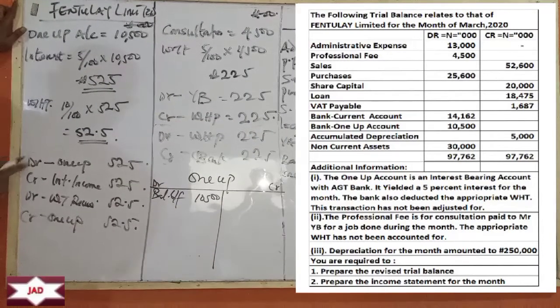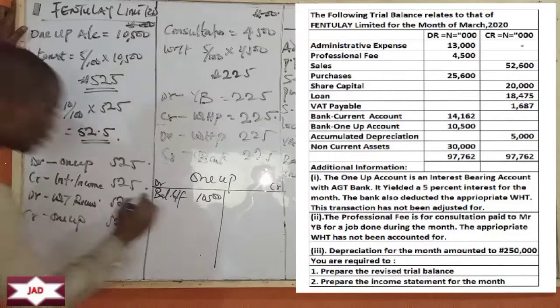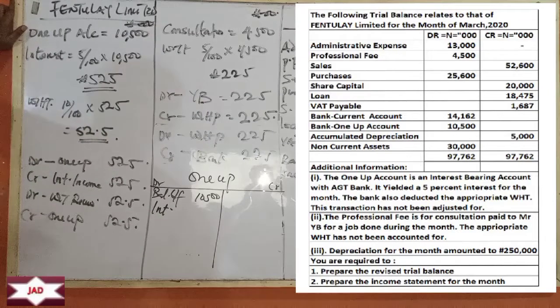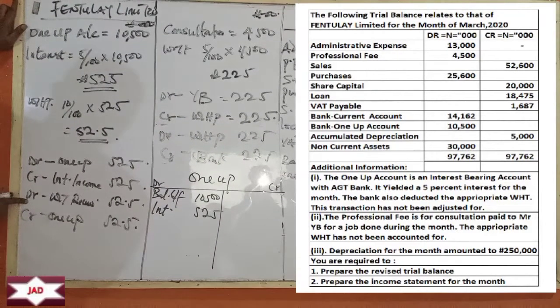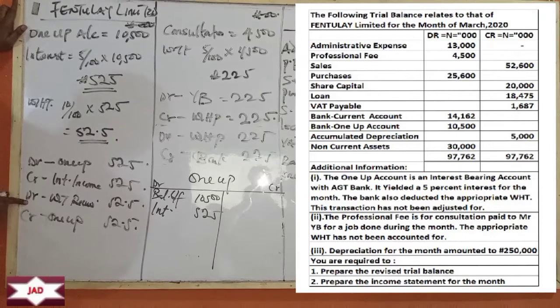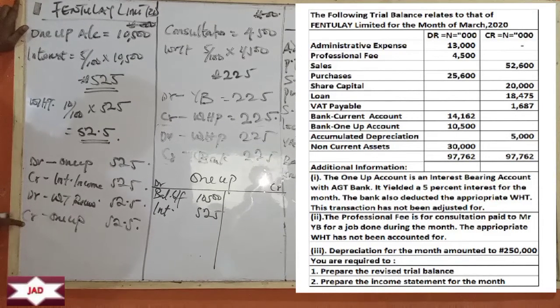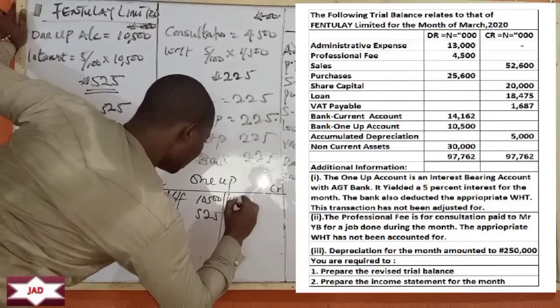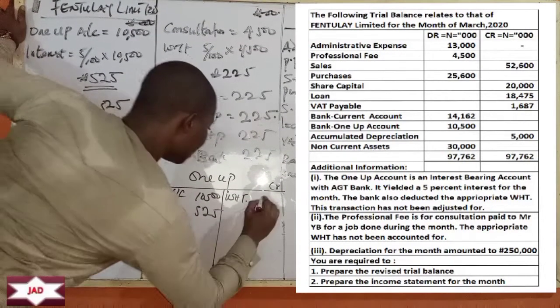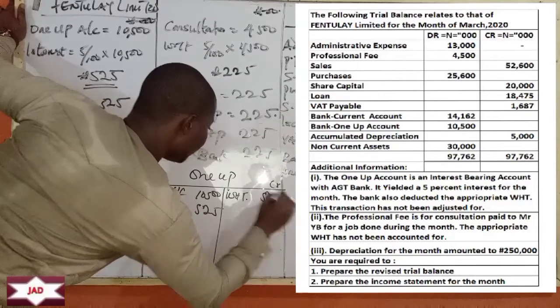Okay, so debit one up here, right? So we'll say interest. Interest is 525, right? Debit. Credit one up here for withholding tax, right? So we'll say withholding tax payable. How much? 52.5.